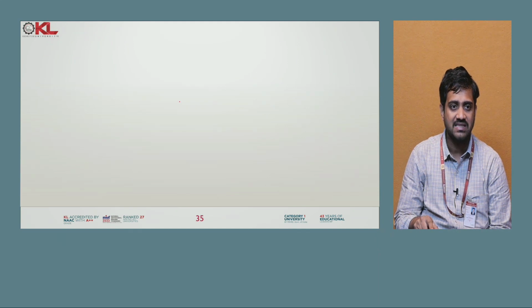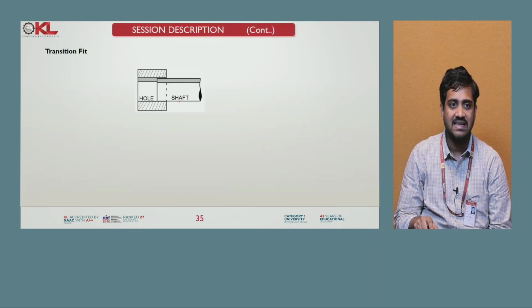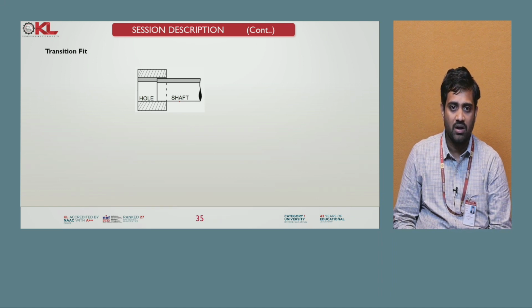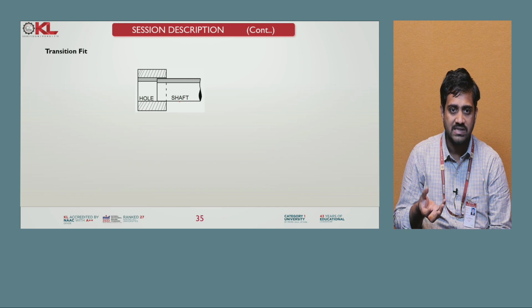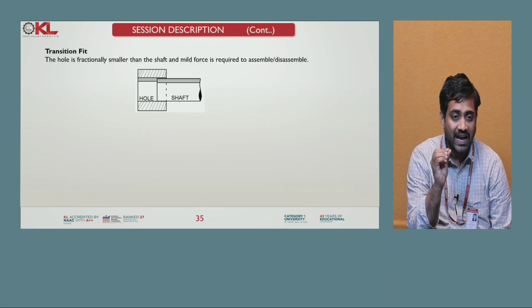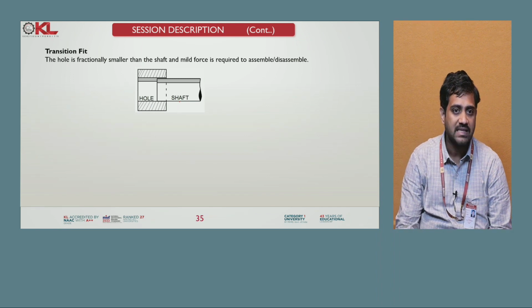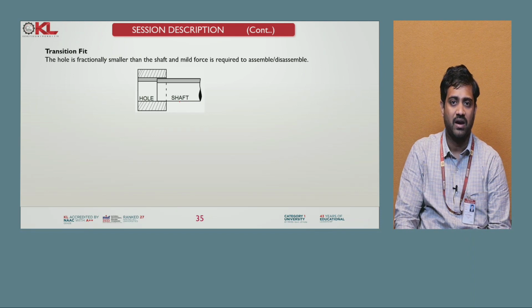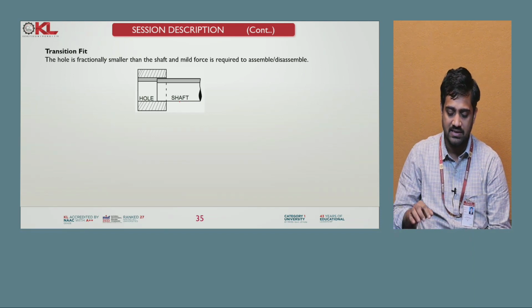And the last fit is transition fit. In transition fit, here also the hole size is large, but the difference is the hole is fractionally smaller than the shaft, and only a mild force is required to assemble or disassemble.